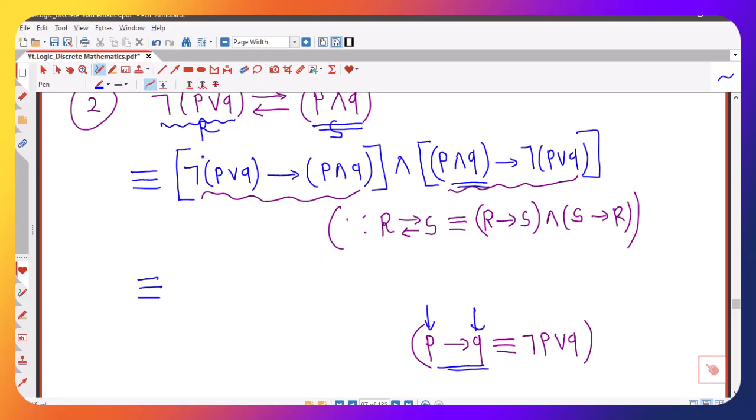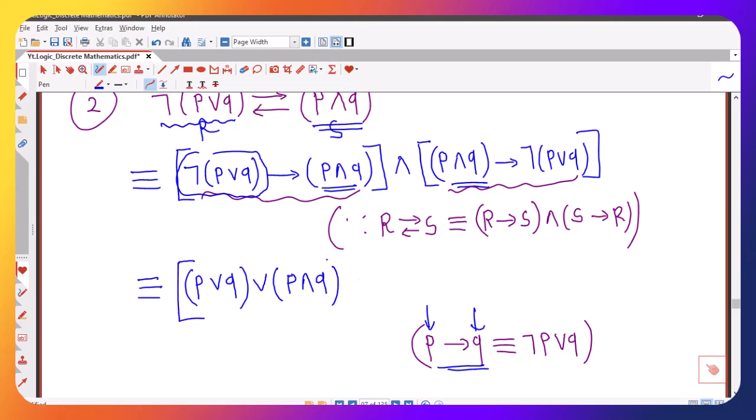So here my first statement is negation of (P or Q), and I have to write its negation. So negation of negation (P or Q) becomes P or Q, that I am writing directly. P or Q, or the second proposition, that is P and Q.